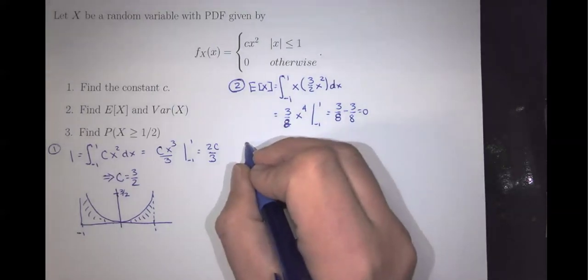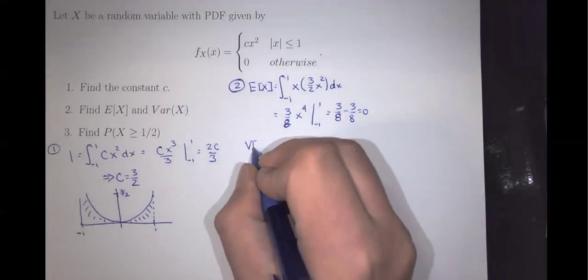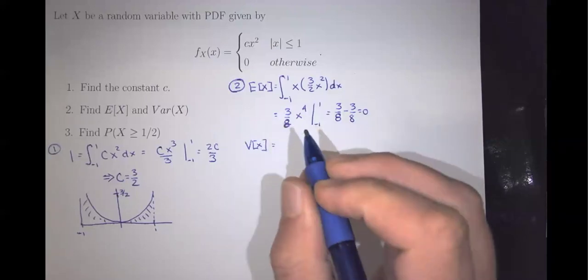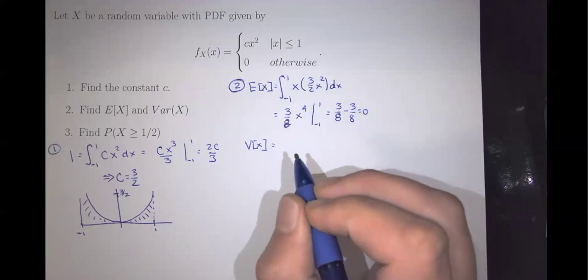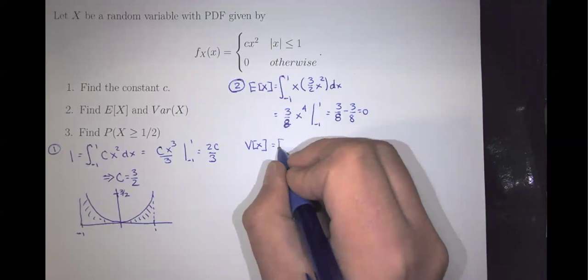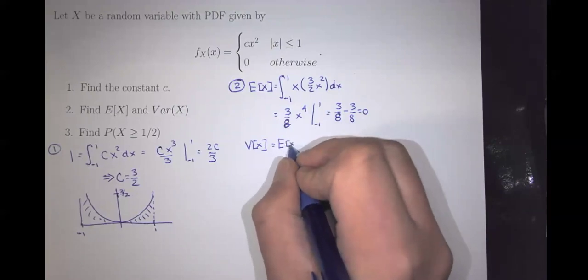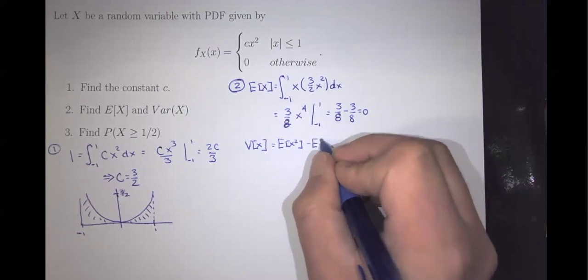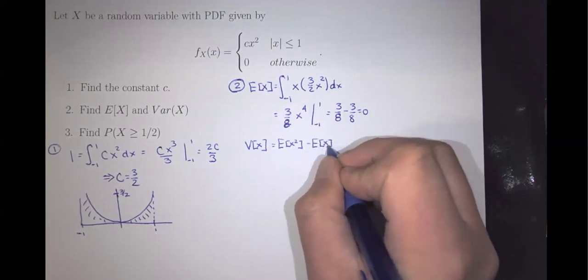Now what about the variance? The variance is the expected value of x squared minus the expected value of x, squared.